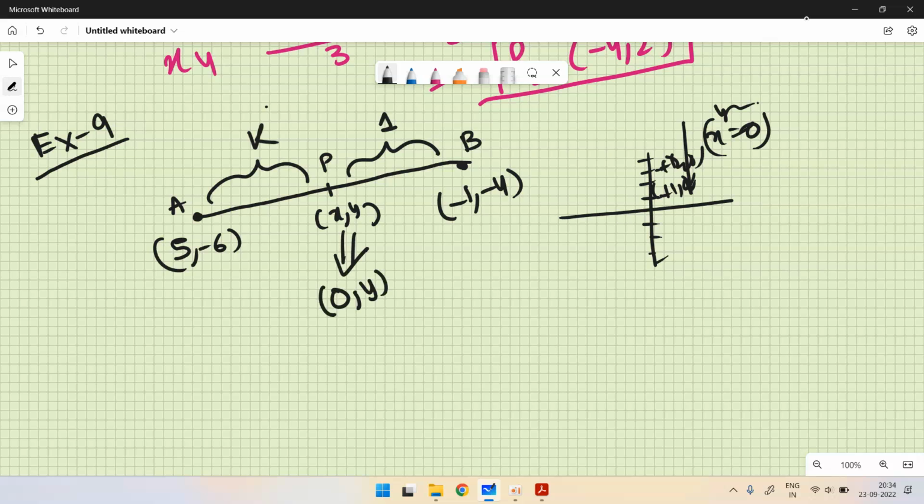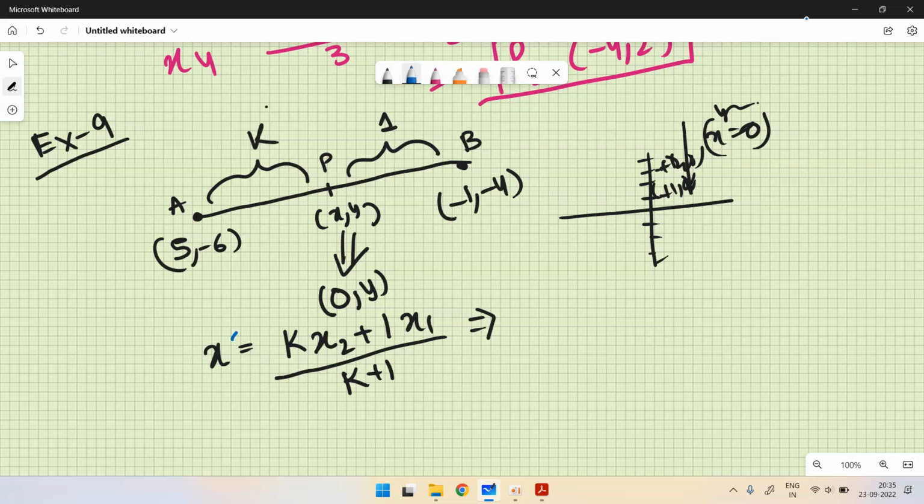Now you know that x is nothing but (k x2 plus 1 x1) by (k plus 1). If you substitute in this formula, the value of x is 0.